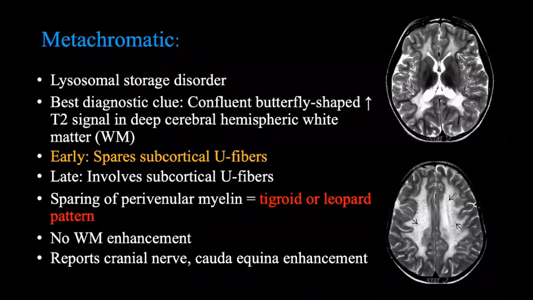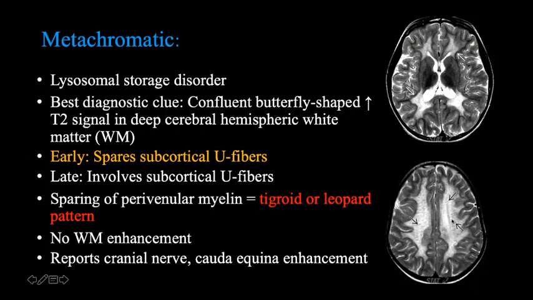Just to review these things, metachromatic leukodystrophy is a lysosomal storage disease. It can present with a confluent butterfly appearance of white matter signal abnormality. Early on it spares the subcortical U fibers, which are the fibers right next to the cortex, but later even these can be involved, and it spares the perivenular myelin.